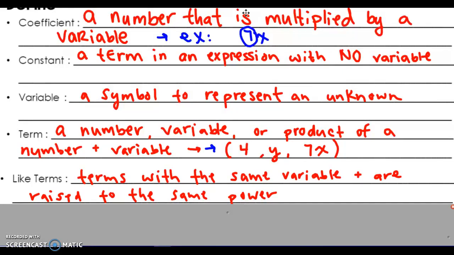So both of these pieces need to be included in our definition. These are terms that have the same variable and are raised to the same power. So we're going to do an activity that we'll practice just identifying whether terms are like or not like. But as long as they have the same variable attached, they have the same exponent, that's what the same power means, then the terms are like.